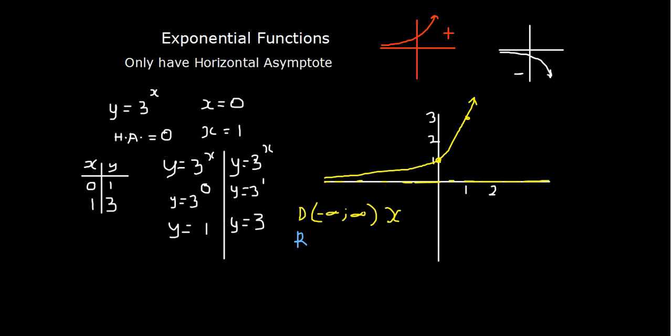So if it's a positive graph, the minimum value of the y-axis will be equal to the HA, the horizontal asymptote, which in this case is 0. So it starts from 0 for y values up to infinity. We don't know where it ends up for y values, right?